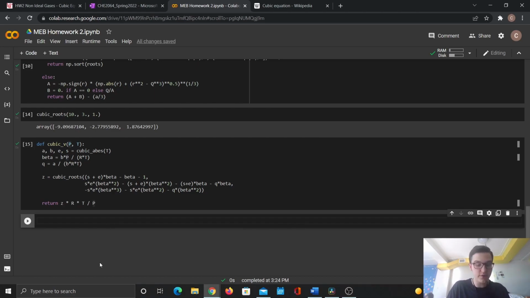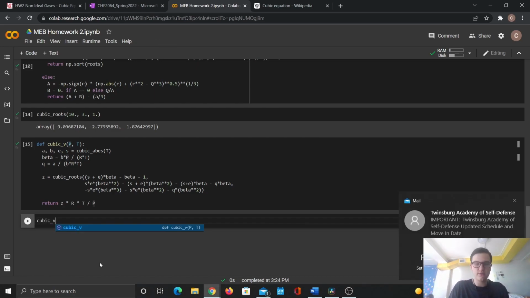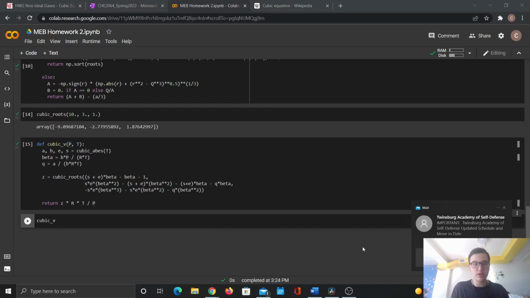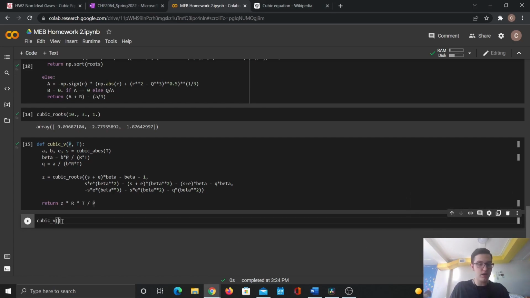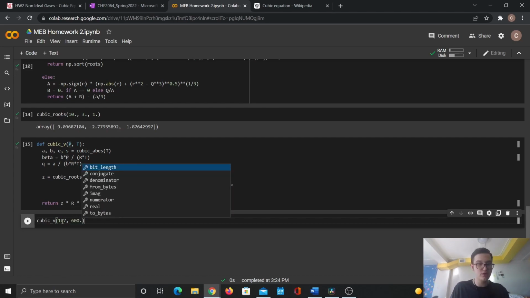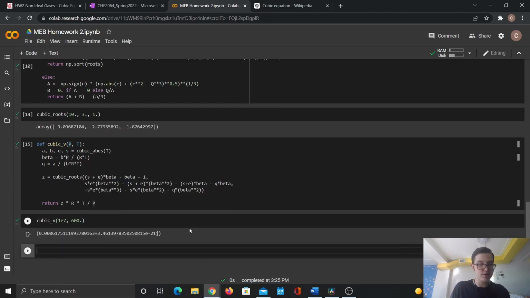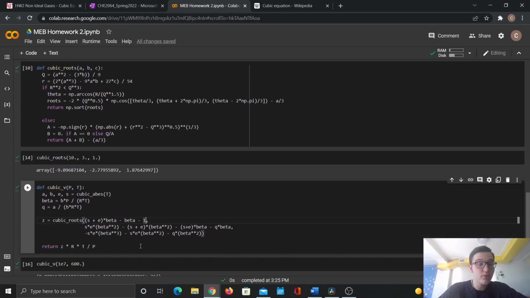And just to make sure that it works, cubic v. Let's do values of 1E7 and 600. Let's check to see it works. I don't think it worked. At least not as it's supposed to. I'm not 100% sure where I went wrong.